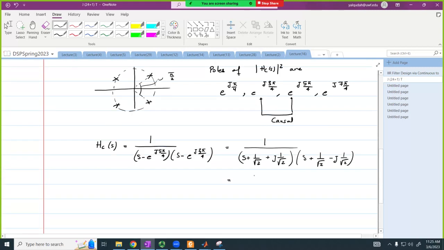And if we simplify this, it's going to equal 1 over s squared plus square root of 2 multiplied by s plus 1. Does that make sense, everybody? So this is the transfer function, HC of s, of the Butterworth filter that is of second order.